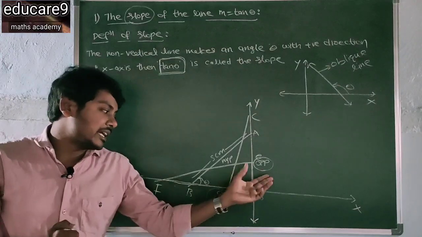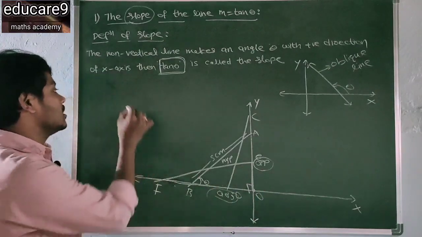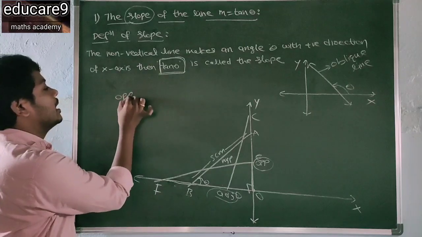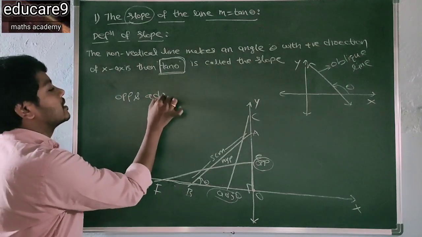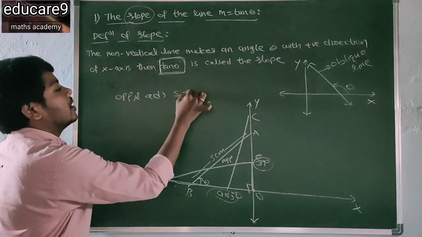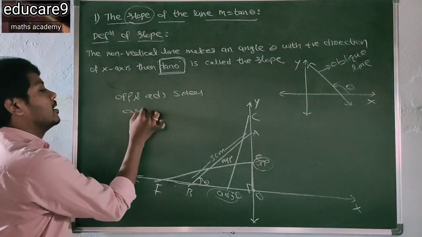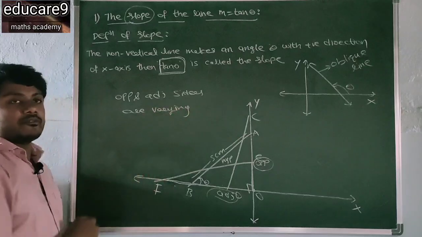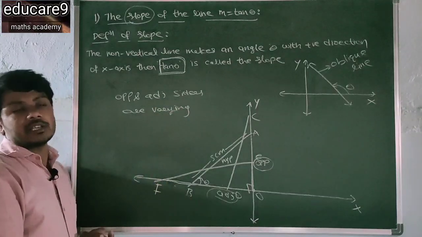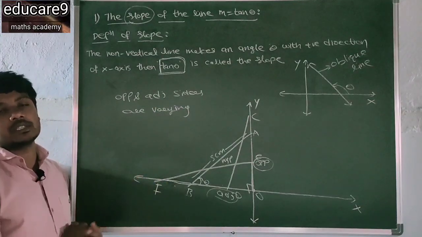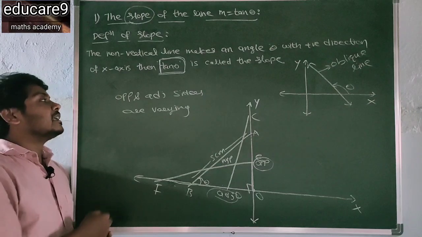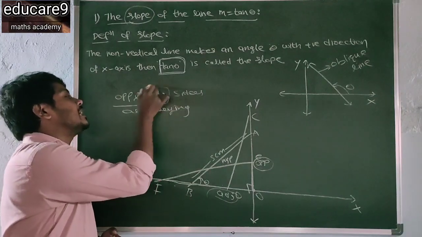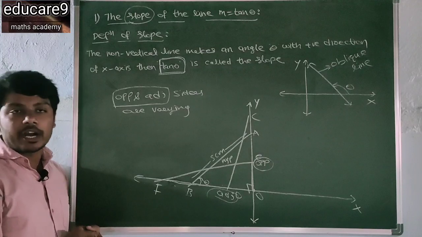Okay, so that ratio is what? The opposite and adjacent sides are varying, meaning changing while the ladder moves from one place to another. Then clearly the ratio of opposite and adjacent side is what?